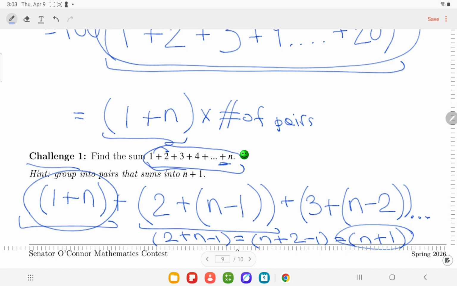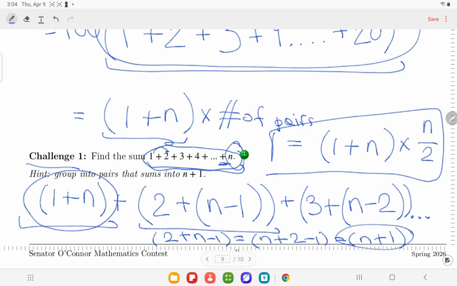So when we look at this sequence here, we see that we have n numbers. So our number of pairs would be n divided by 2. So this would be our sum for this sequence.